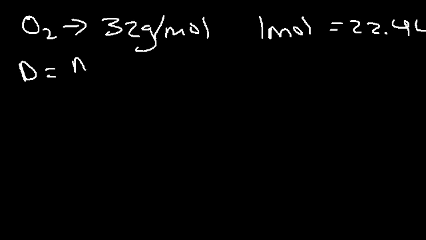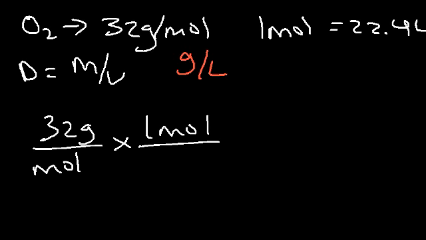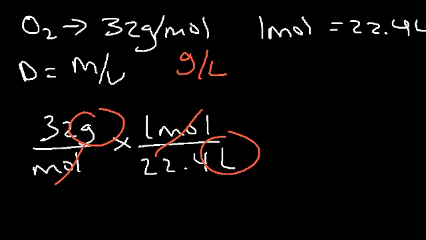And density is mass over volume. So in chemistry, the units of gas density is typically grams per liter. If you take the molar mass of oxygen, and if you divide it by 22.4 liters, notice that the moles cancel. And so you're going to get grams over liters. And this is going to be the density.